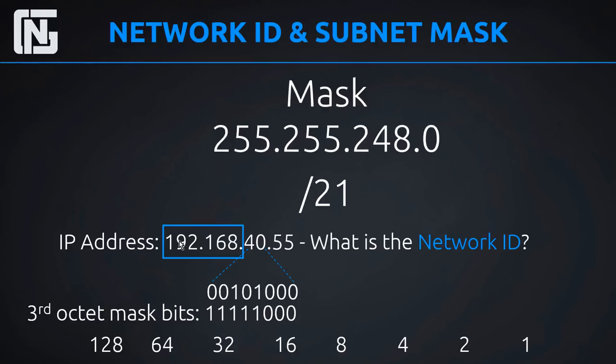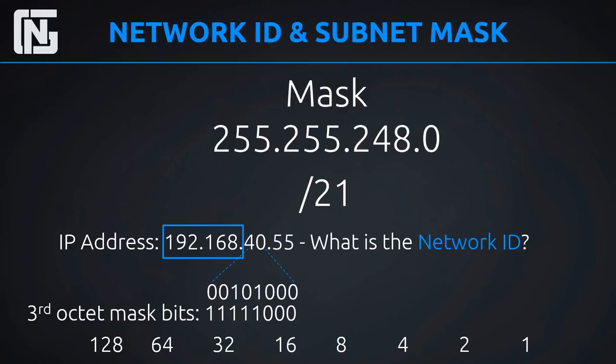Now, if our IP address given was 192.168.41.55, then 41 wouldn't actually be part of our network ID. It would still be 40 because our mask said only use these bits here in the mask. All right, we're going to do a few of these, so don't worry.